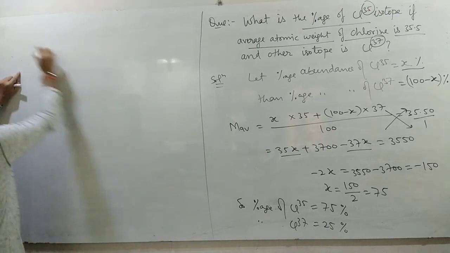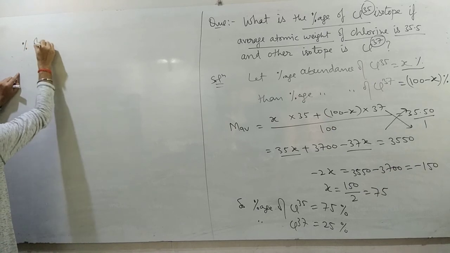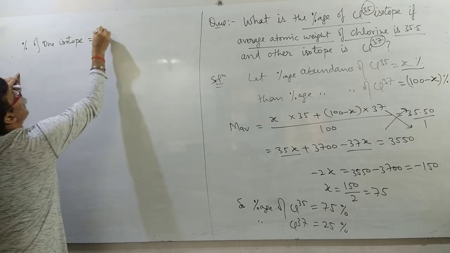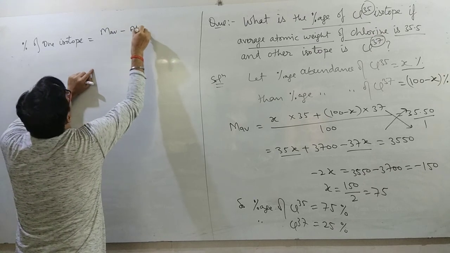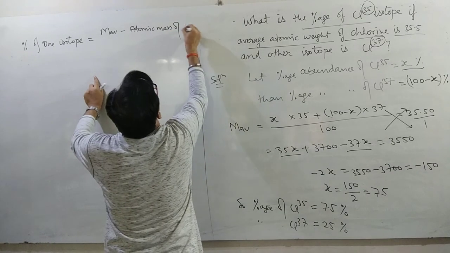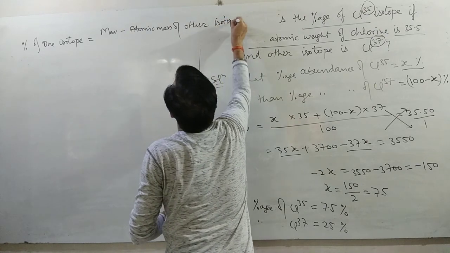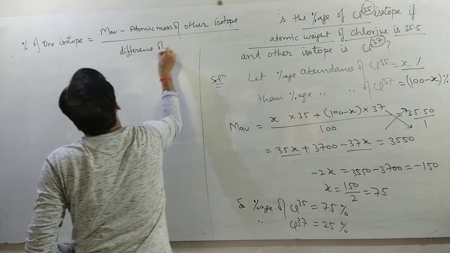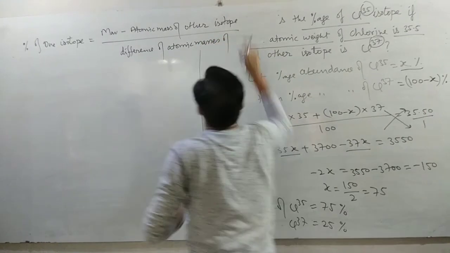For this, you have to remember: percentage of one isotope is equal to average atomic mass minus atomic mass of the other isotope, divided by the difference of atomic masses of both isotopes.